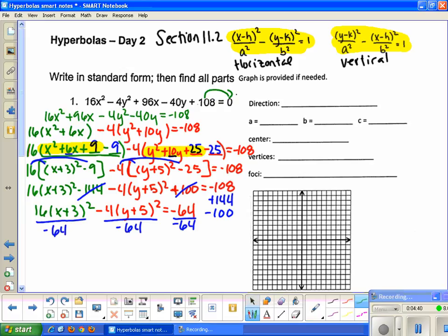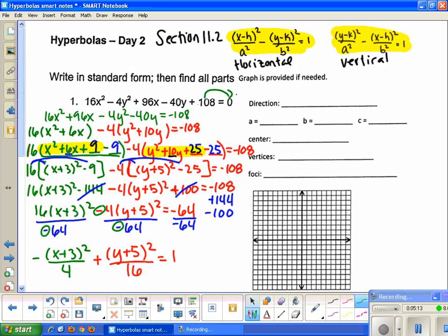So when I simplify this, because we have the negative here, we know it's going to be negative x plus 3 quantity squared over, and 16 over the 64 gives me a value of 4. And then this becomes plus because we have a minus and a minus here. So for the next one, I have plus and this becomes y plus 5 quantity squared over 4 over 16 just becomes 16, and this is equal to 1 now.